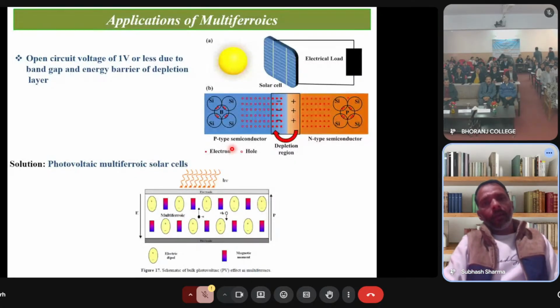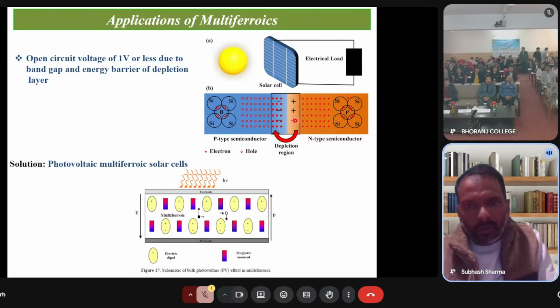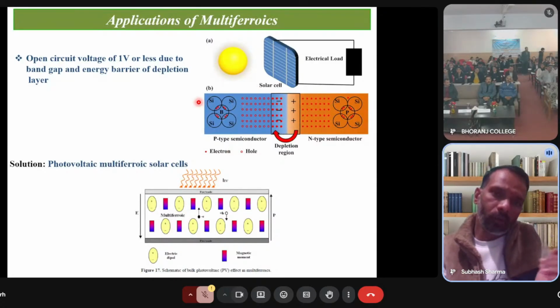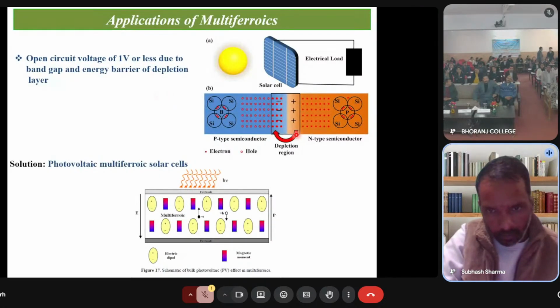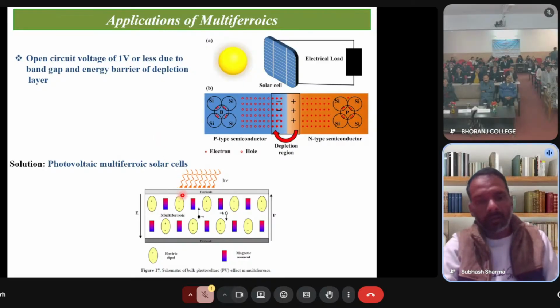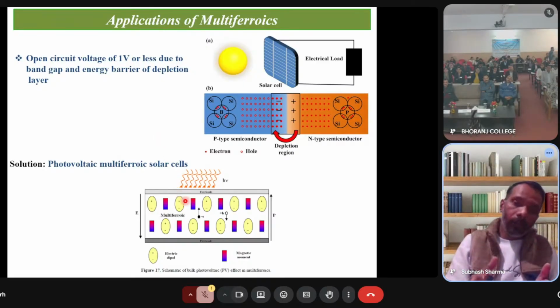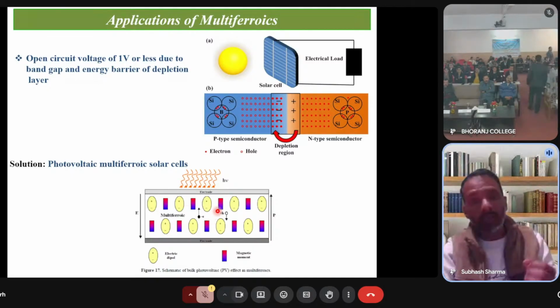Another most important application is the solar cell. We have many solar cells based on silicon. The problem in silicon-based solar cells is that you cannot generate a voltage of more than 1 volt because of the band gap, because the separation of charges happens only in the depletion region. But with ferroelectric or multiferroic materials, we have a bulk photovoltaic response. In ferroelectrics, you have a dipole moment, and due to the dipole moment you have an inbuilt electric field.